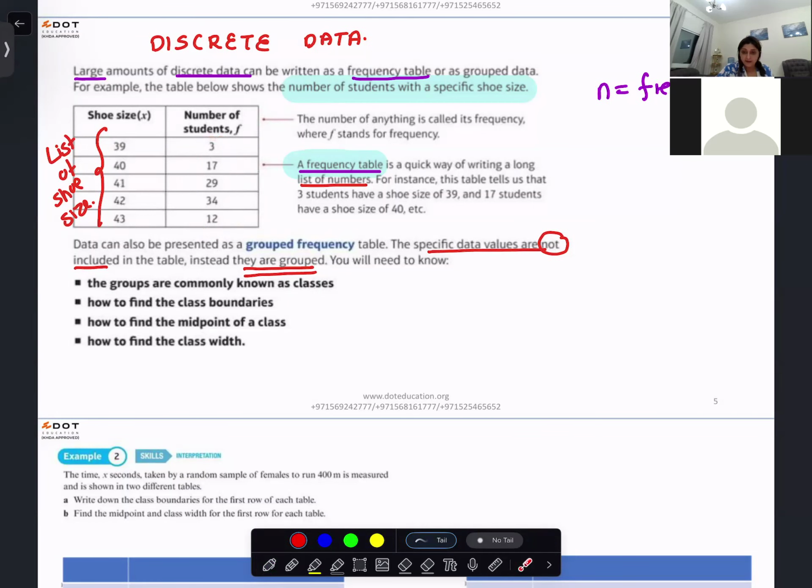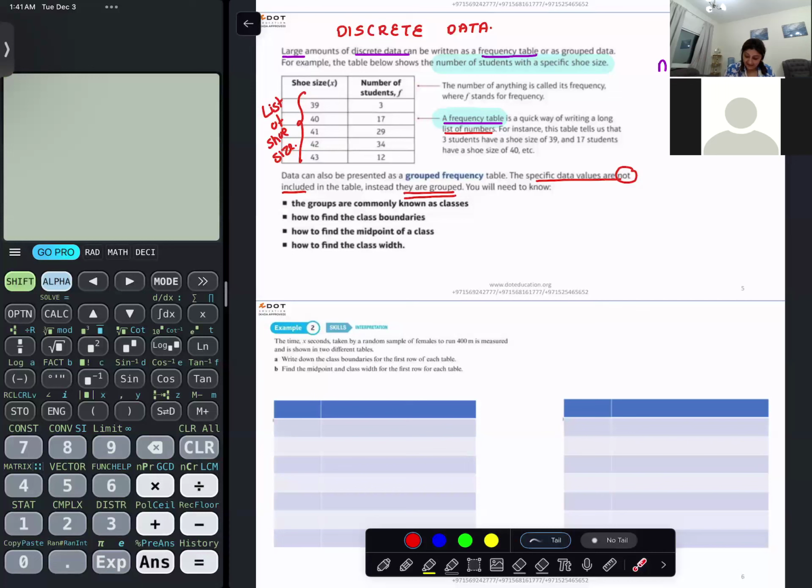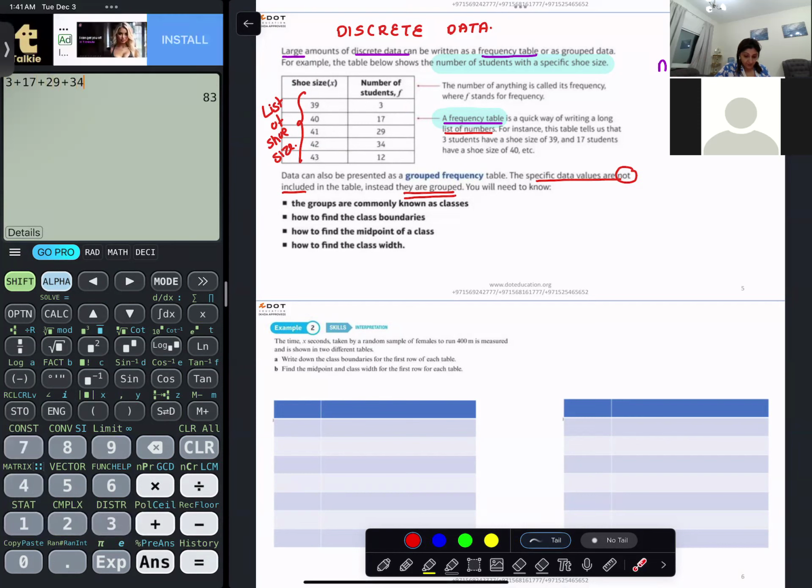If you add this up, that means if you're adding 3 plus 17 plus 29 plus 34 plus 12. That means you have data for 95 people. Okay. And this is the shoe size for 95 people. So the shoe size of these people vary from 39 to 43.